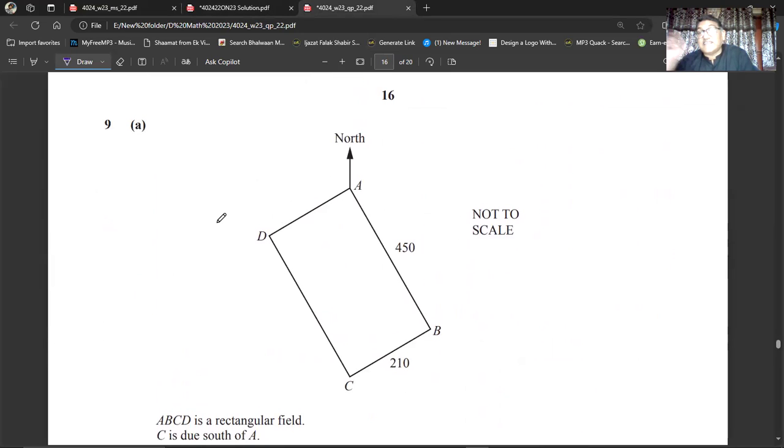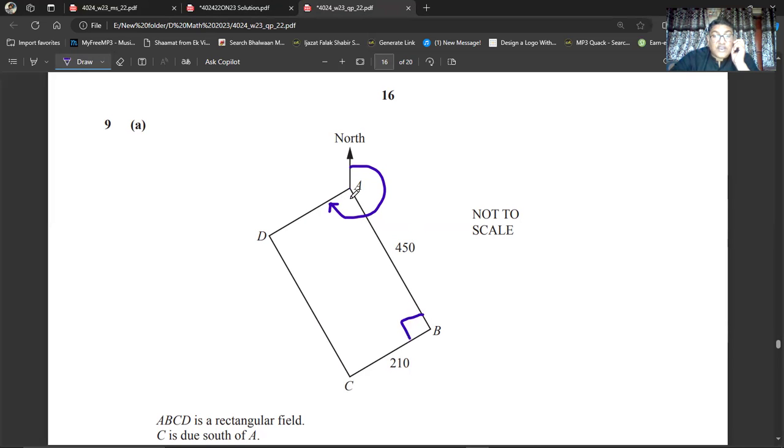What does that sentence mean? D from A means that on A you draw north. It is already there. From that north, you go clockwise and you come to the AD line. So we have to tell how much this angle is. So if I join this, this is 450, this is 210, it's a right angle triangle.